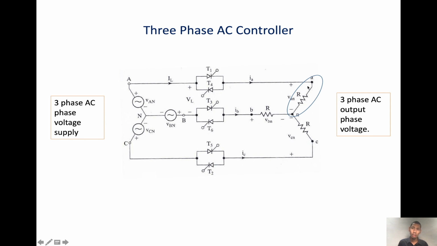You see in the circuit, VAN is the phase voltage. The line to line voltage between A and B is the combination of VAN and VBN.